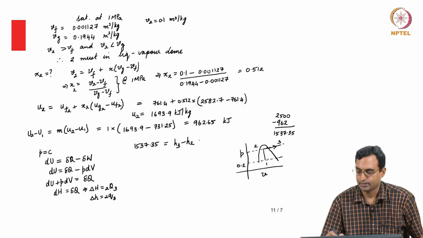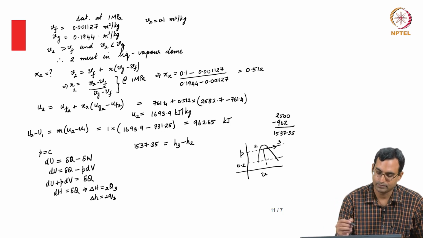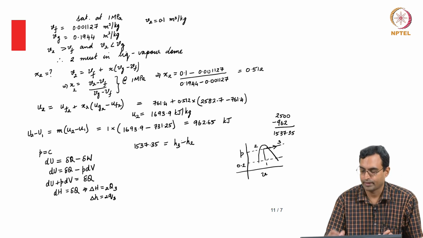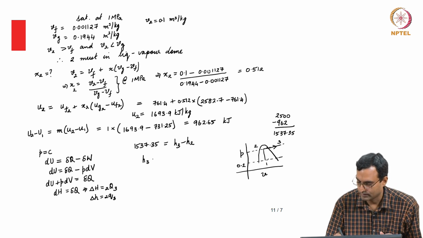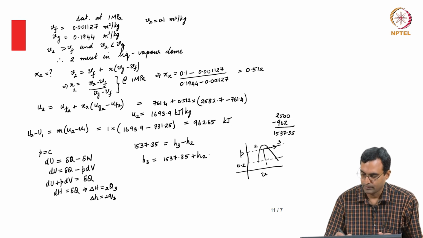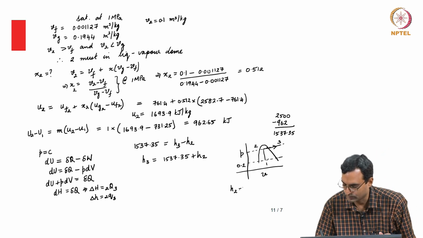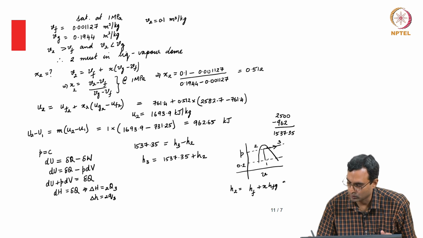So, from the tables I can find out the value of H2, which is at 1 megapascal with the appropriate quality, and then I can find out H3. So, that is what I am going to do. So, I want H3, which is 1537.35 plus H2. So, this is what I need to find out. In order to find out this, I first need to find out H2. So, H2 is essentially HF plus X into HFG at 1 megapascal.